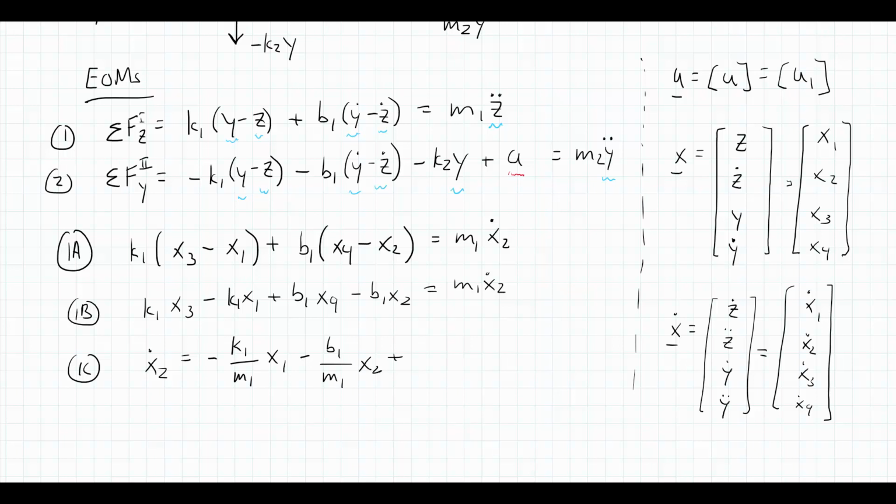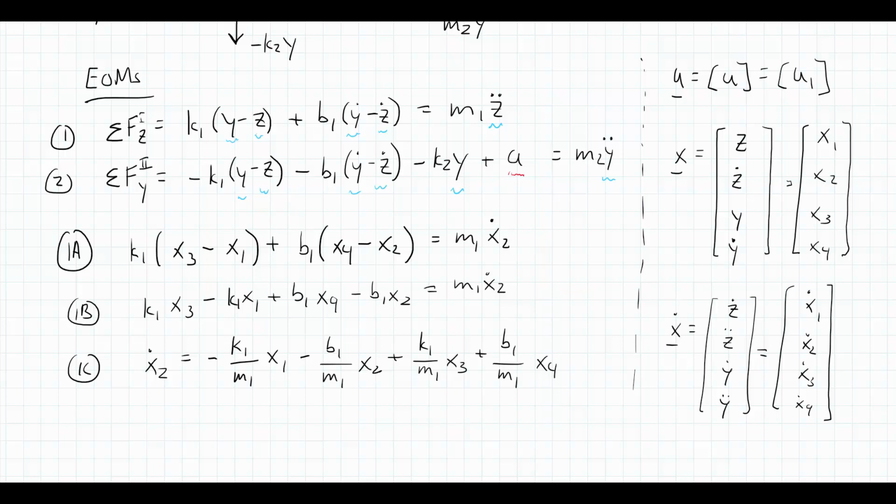My x3 term, I'll have a plus k1 over m1 x3. And my x4 term, I have a b1 over m1 x4. And that is everything there. So my 1c now has x2 dot isolated, and it's in terms of just my state variables.